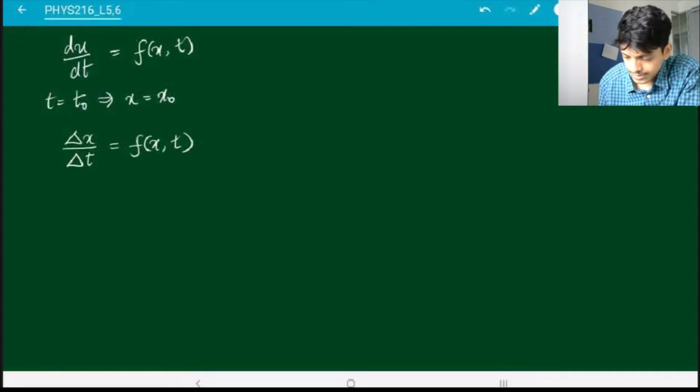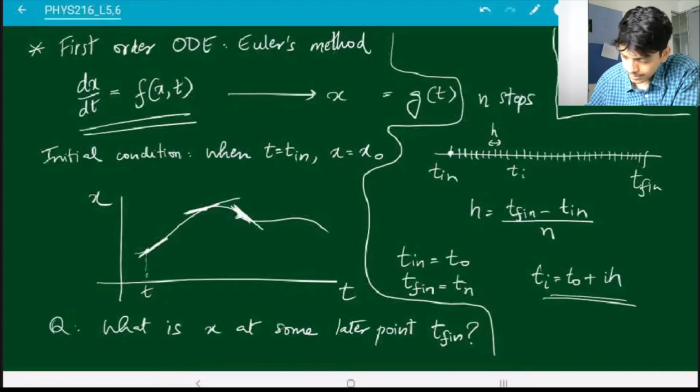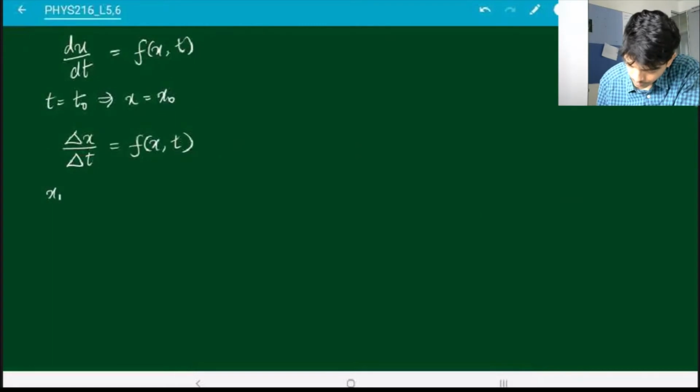Now what is your delta x? We are going to do this iteratively. I know at t0 the value of x0. I want to find out the value of x1 when I come to t1. So I can say x1 minus x0 divided by t1 minus t0 is equal to f at x0, t0.